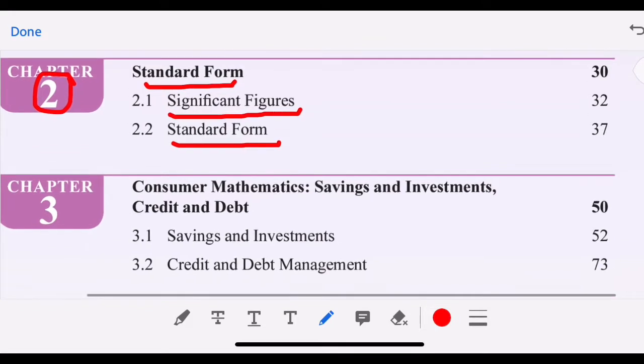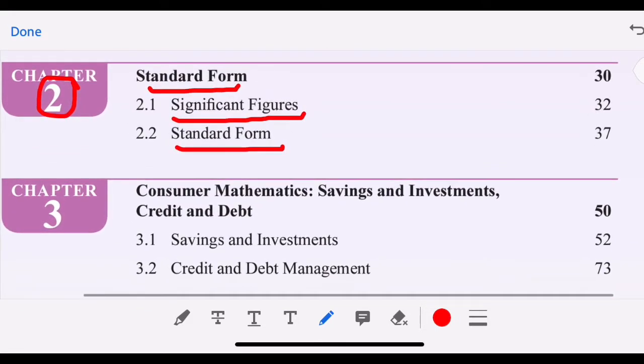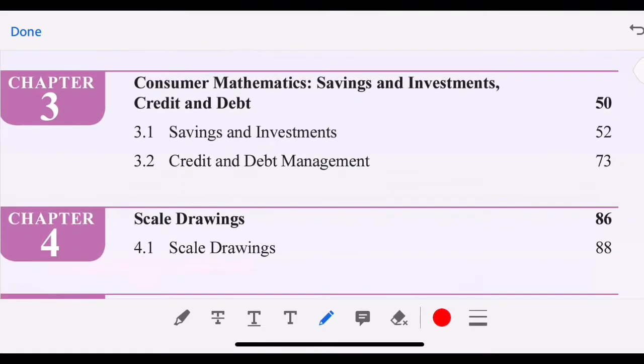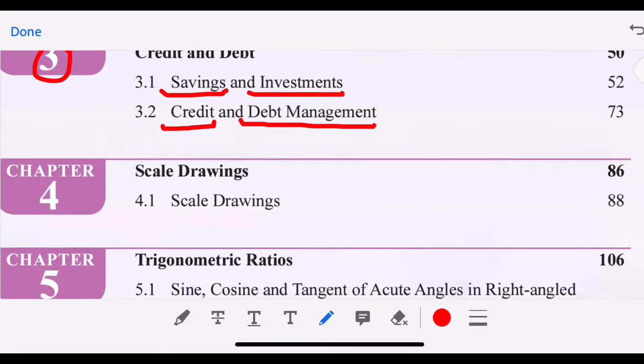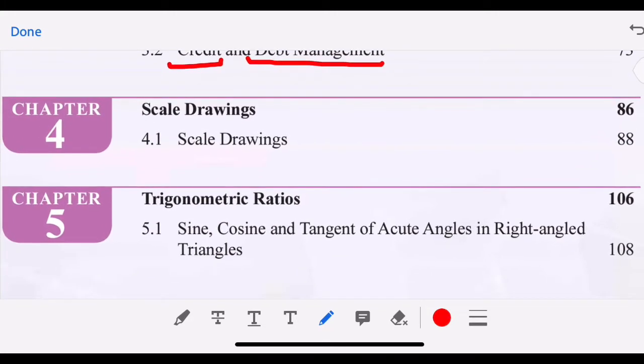Normally this one will come out in paper 1 objective questions. And chapter 3 will be consumer mathematics, savings and investments, credit and debt management. This is very popular in the coming exam.